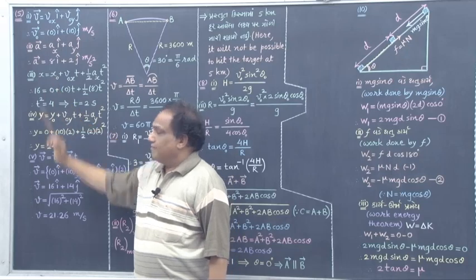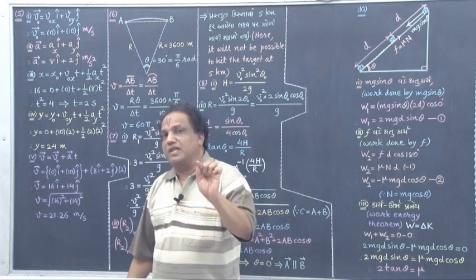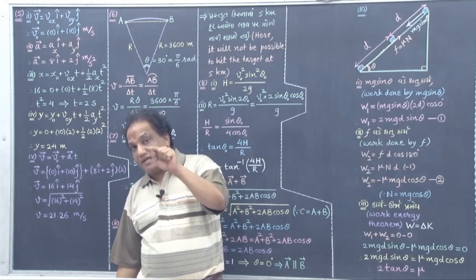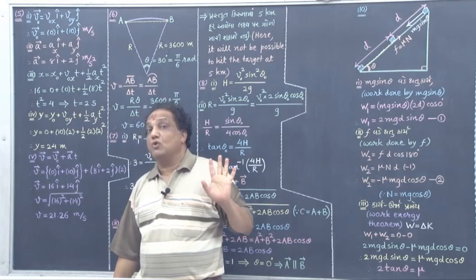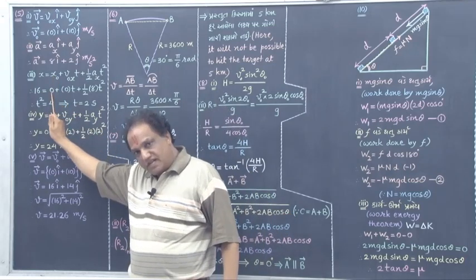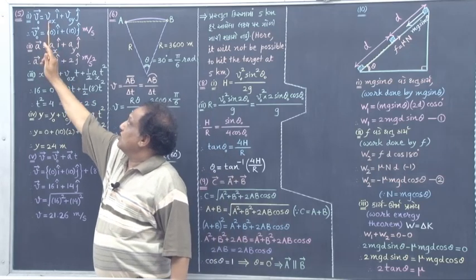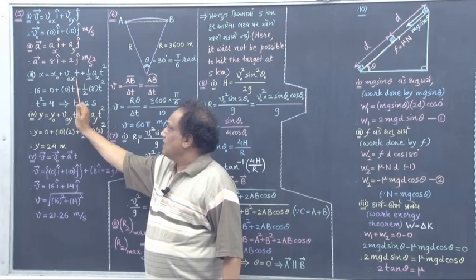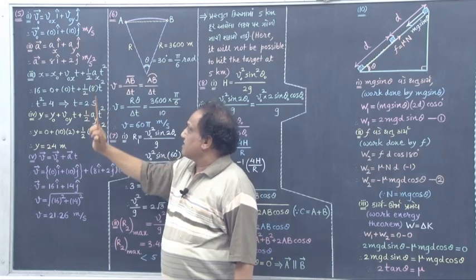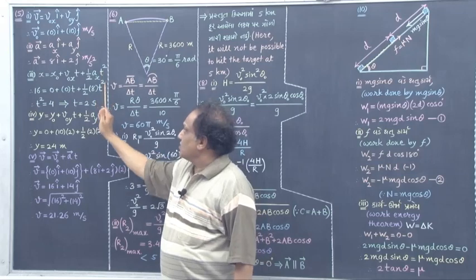What is x0? It is the x coordinate of the particle at time t equal to 0, meaning when it begins the motion. They have said in the statement that the particle starts its motion from origin. So, for origin, what is the x coordinate? 0. Correct? v0x is also 0, so that term is 0, plus 1 by 2, ax is 8 meters per second square, into t square.